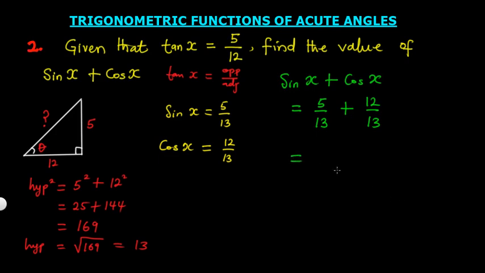That will be 5 plus 12 over 13, and hence this gives us 17 over 13. So we can conclude that sine x plus cos x equals 17 over 13. We may as well express it as one whole number, 4 over 13, in mixed form.